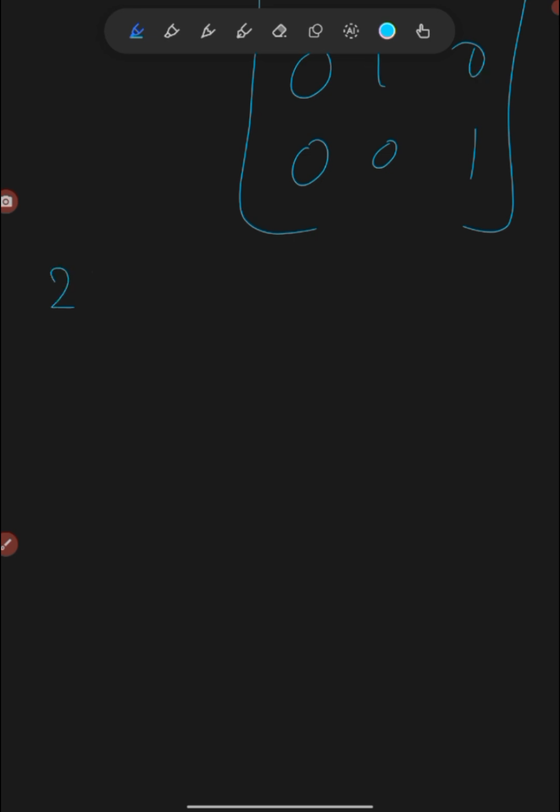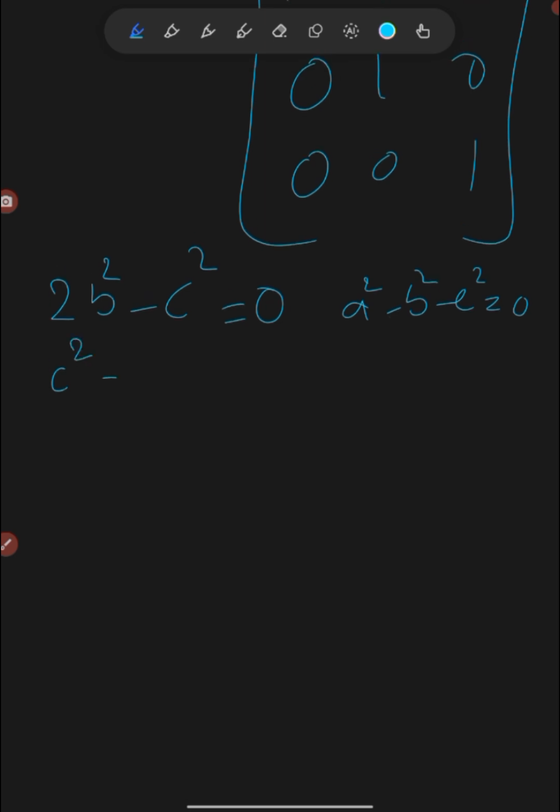You can take any equations according to your comfort, like 2b square minus c square equals 0, a square minus b square minus c square equals 0. Then c square equals 2b square, so c equals root 2 b, plus or minus.